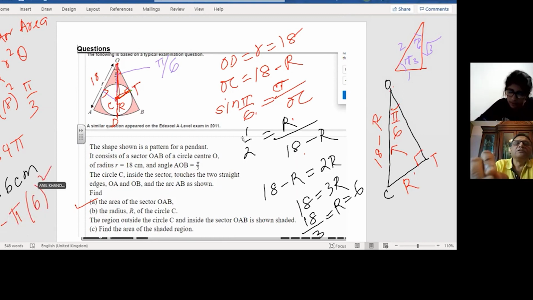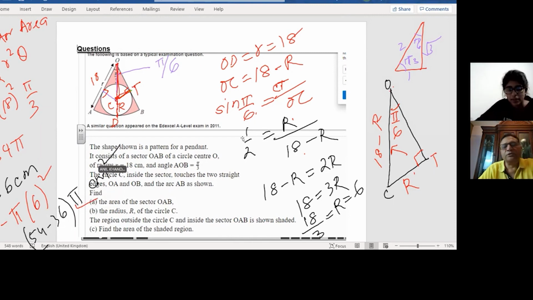So 54 pi minus 36 pi, which gives 18 pi. The unit is centimeters squared, since the radius is given in centimeters. So that is how you are going to do it.